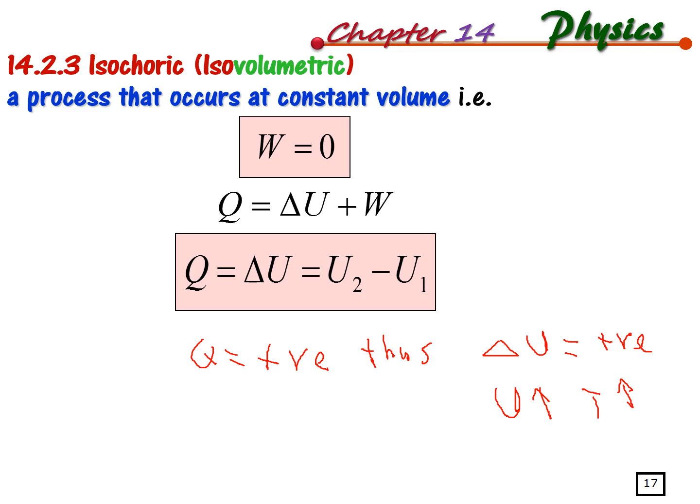If the heat flows out from the system, Q will be negative, thus delta U is negative, which means the internal energy of the gas or the system is decreased. Therefore, the temperature of the gas will decrease.